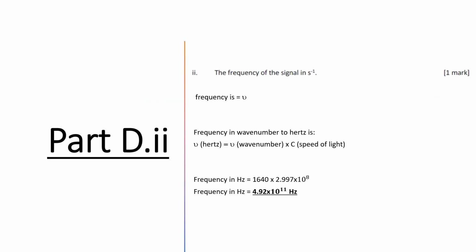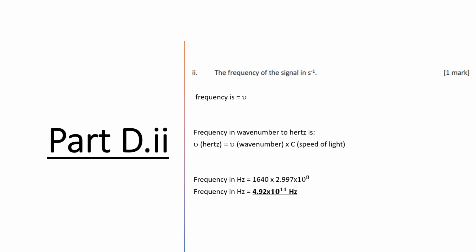Part D2 is asking for the frequency of the signal in hertz. The frequency is given by the Greek nu sign, and to convert from the wave number that we're given in the full question, you multiply your frequency in wave number by the speed of light.